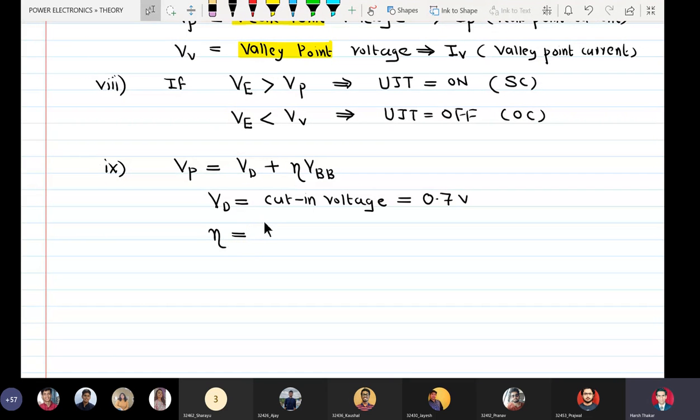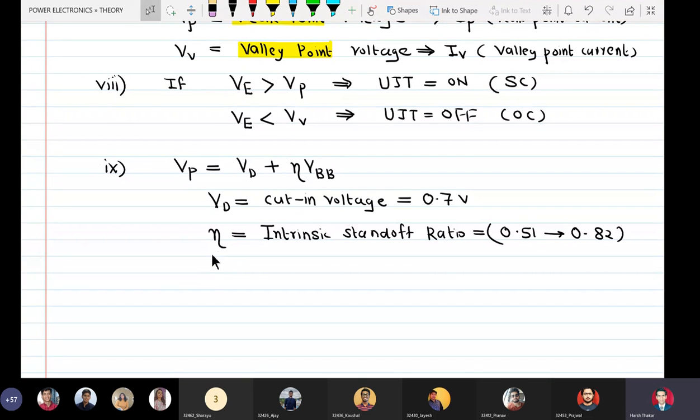Eta is called the intrinsic standoff ratio, and it has a range of 0.51 to 0.82.